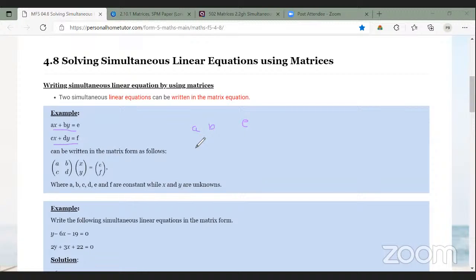And then you just apply the same concept to the second equation. Usually I like to write it down like this just so that I won't get confused. So once you already write it down like that, you sort of already know which numbers to place and where. So once you have that, then you can write down the x and the y.